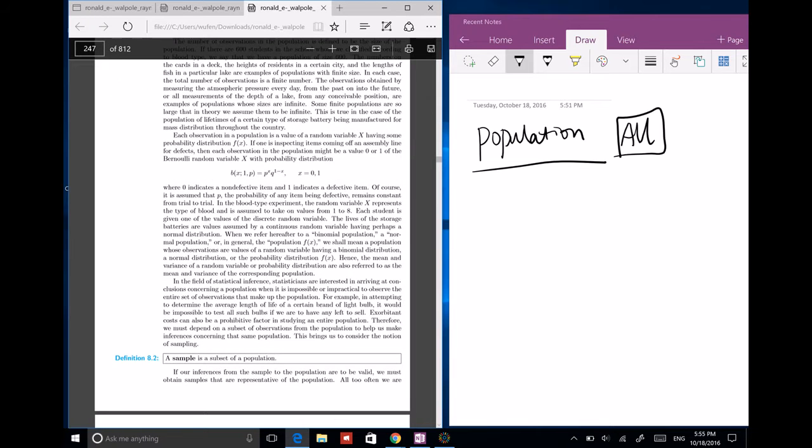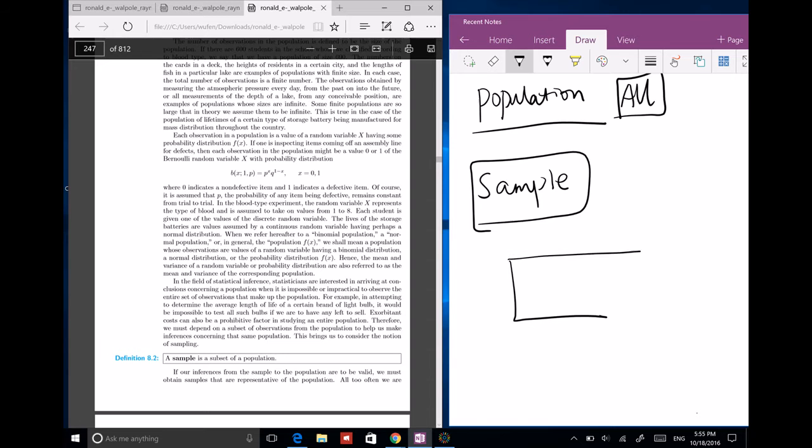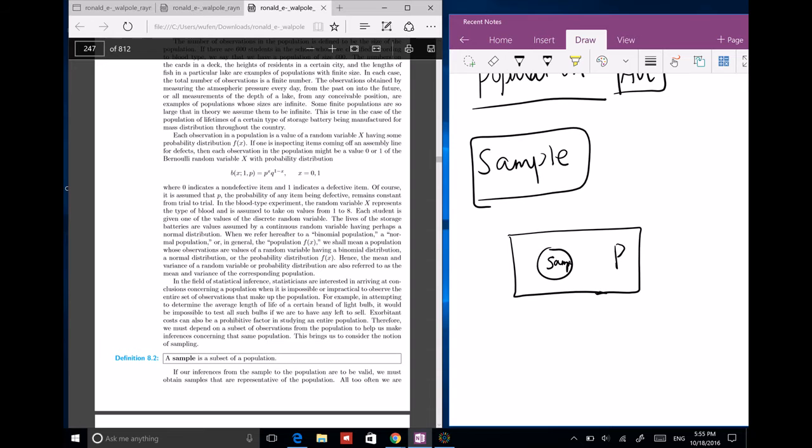Next we'll introduce the definition of a sample. A sample is a subset of a population. For example, if this is the population set, then a sample is just a subset of it, and the whole thing is the population.